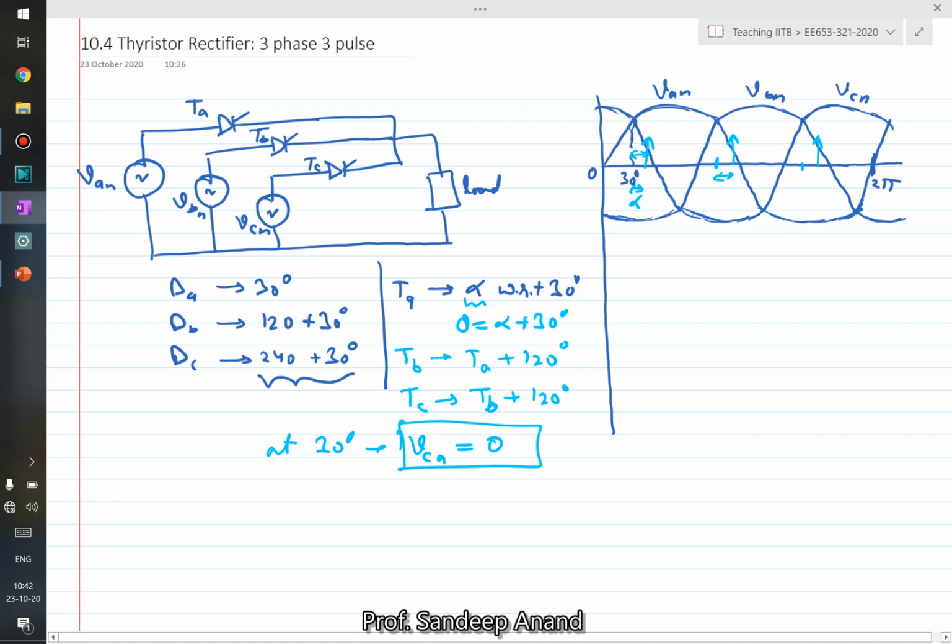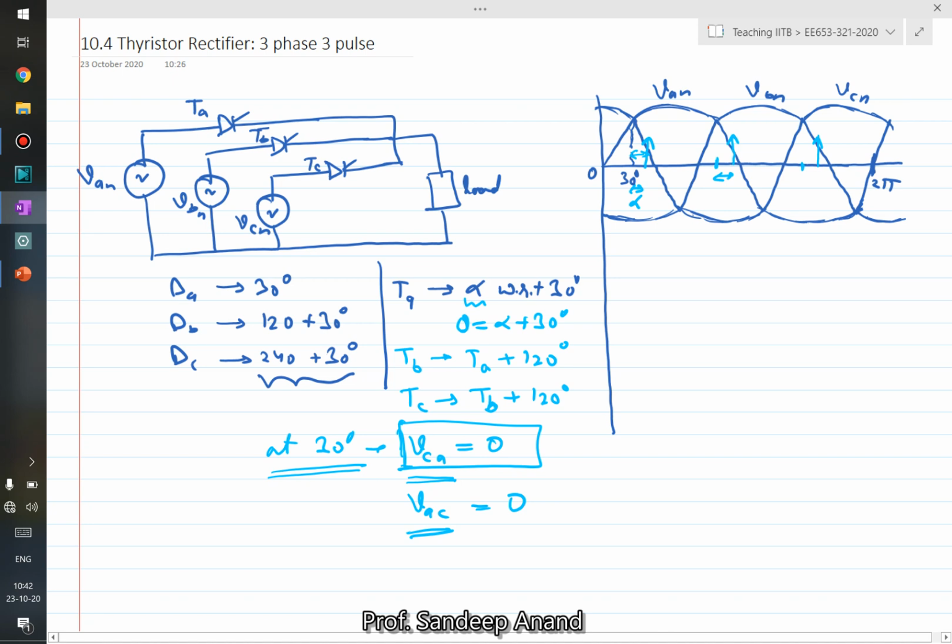So in some ways, this is another way of saying you define alpha with respect to 30 degrees, or with respect to the zero crossing of VCA, the negative zero crossing, or with respect to the zero crossing of VAC, the positive zero crossing.